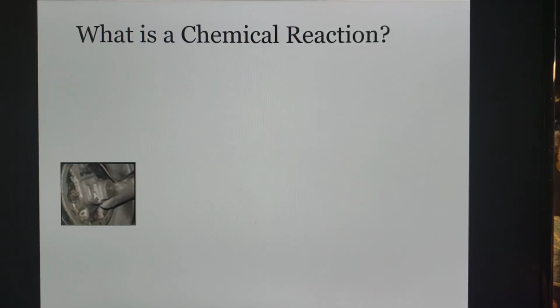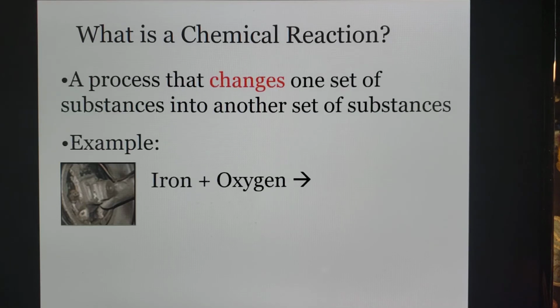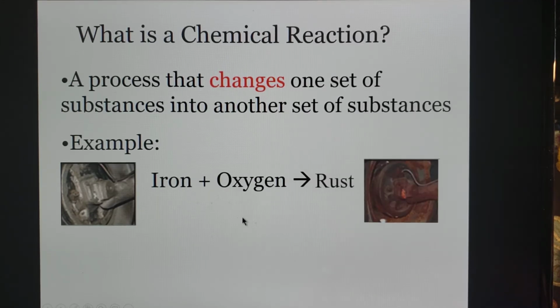Let's make sure we understand what a chemical reaction is. It's a process that changes one set of substances into another set. There's an iron device there. I'm not quite sure what that is. It looks like a wheel or something. It's made of iron, and it's exposed to oxygen and water, and over time, we get rust.